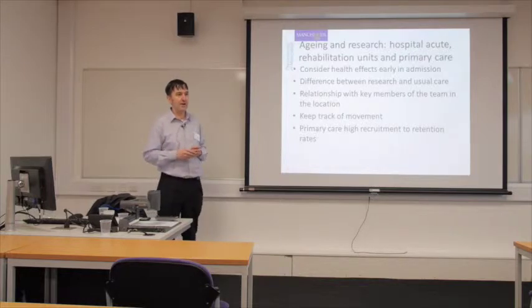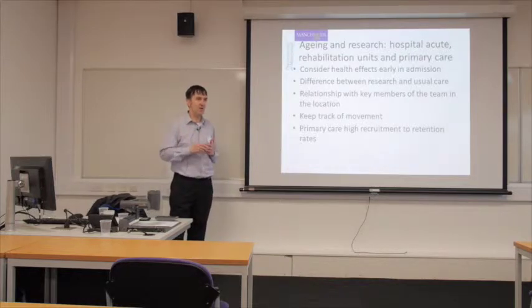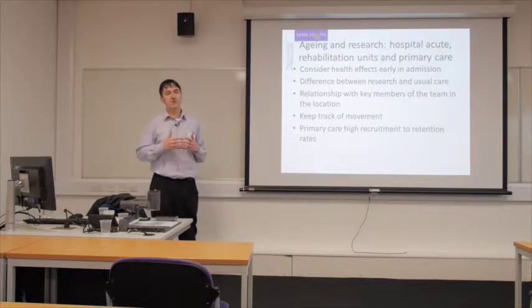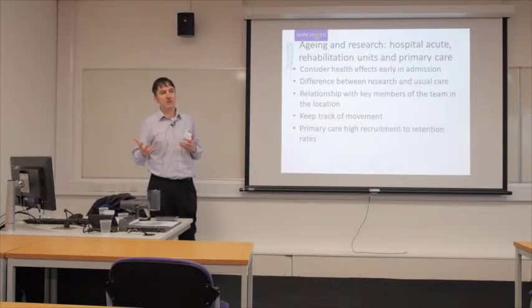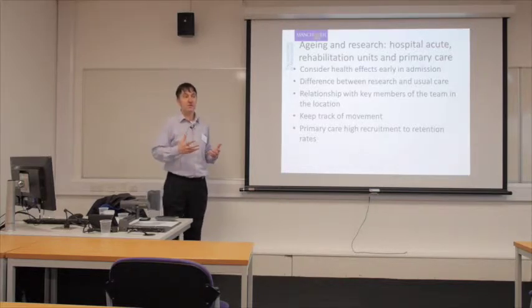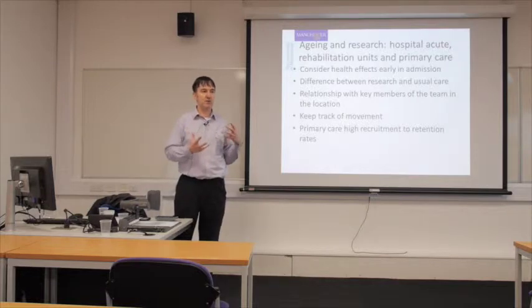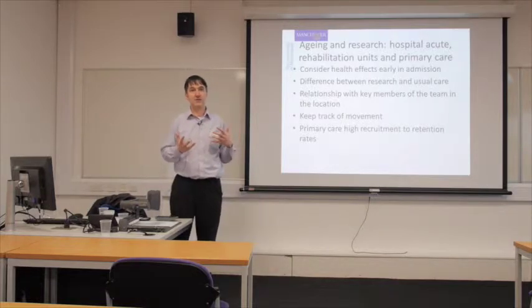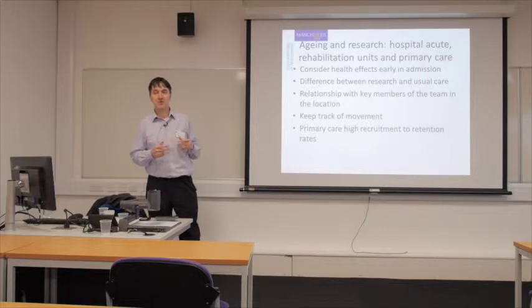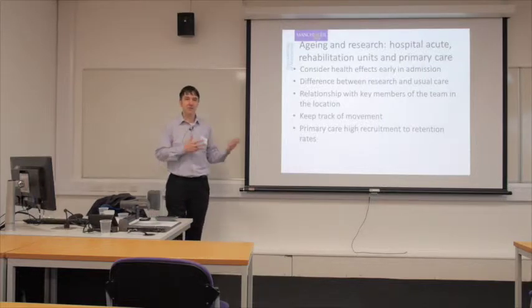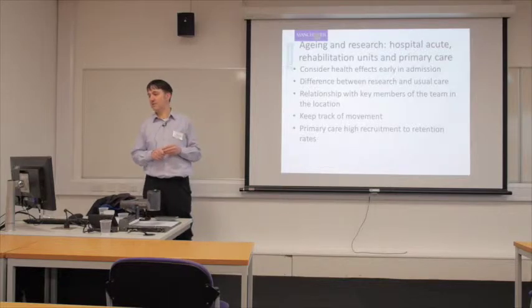So if you're looking at data on people's experience of hospital events during their time in hospital while being admitted as an older adult, the early health effects will affect your sample and the biases within your sample. So in other words, those who become very ill, those who die, will certainly cause biases within the data that you end up with.